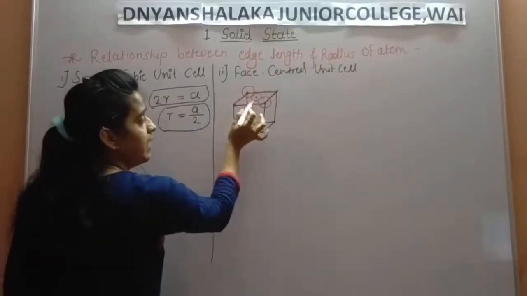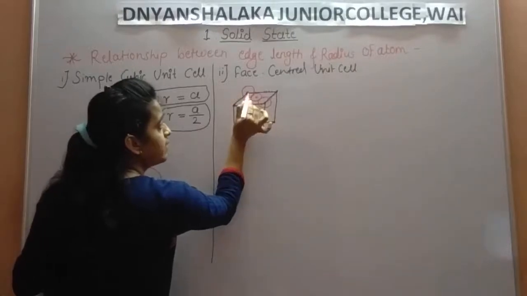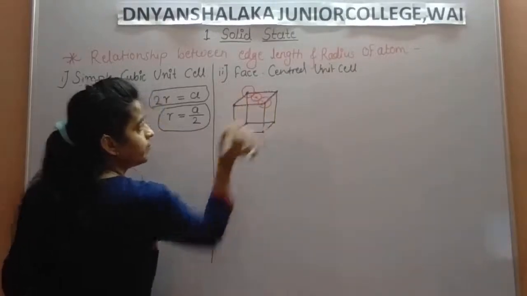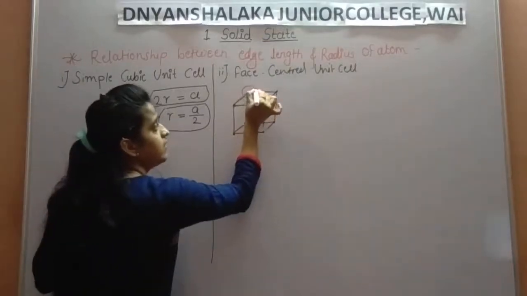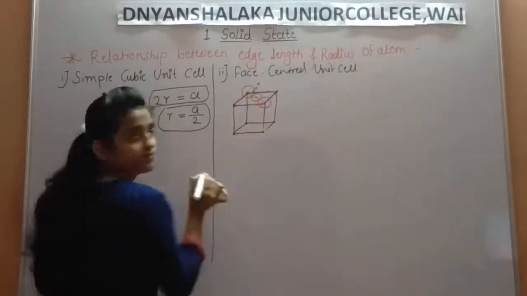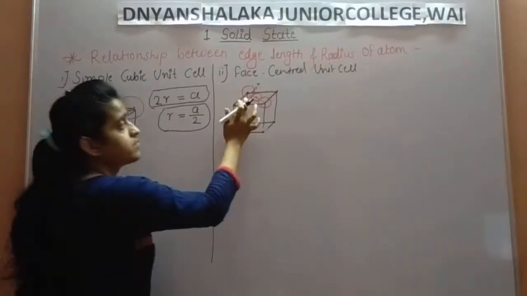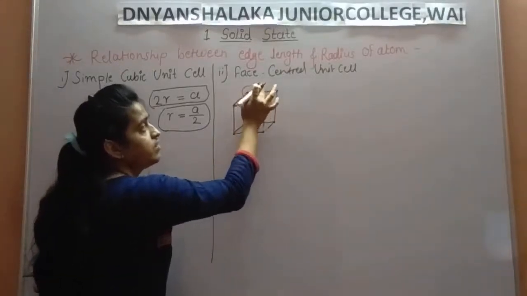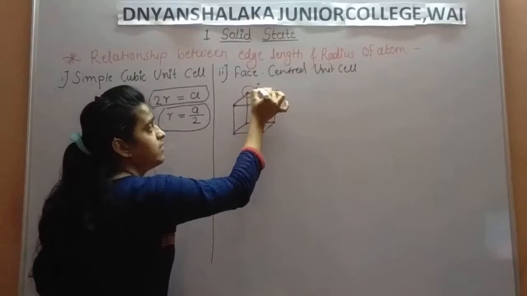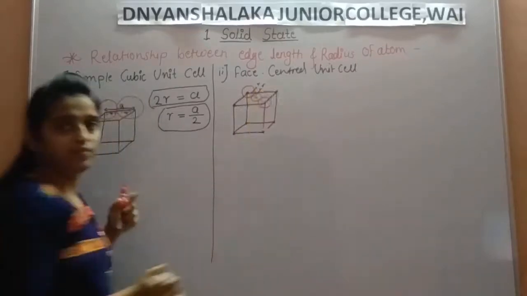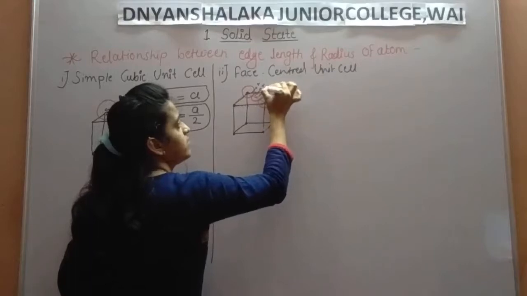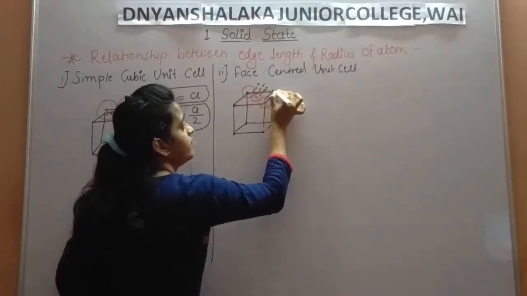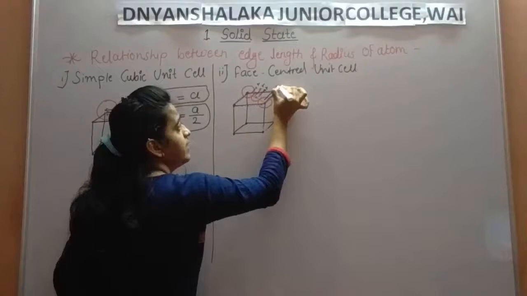So the spheres are arranged like this. This is the first sphere of radius r, this is the second sphere in the middle, and this is the third sphere, radius r.